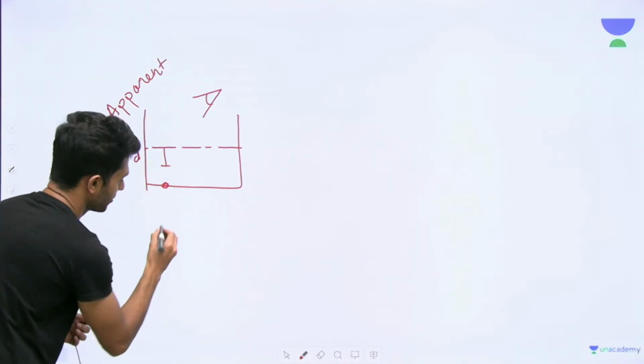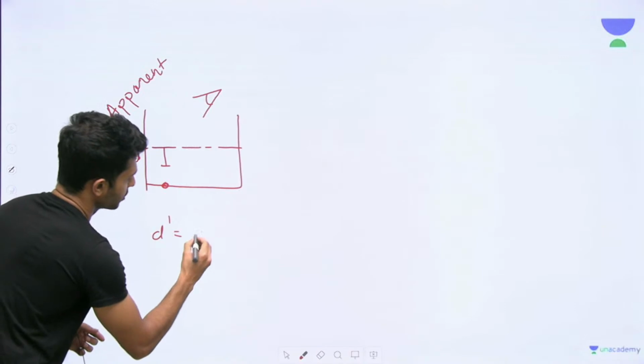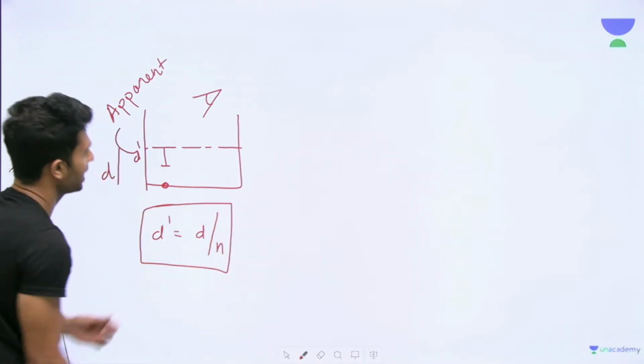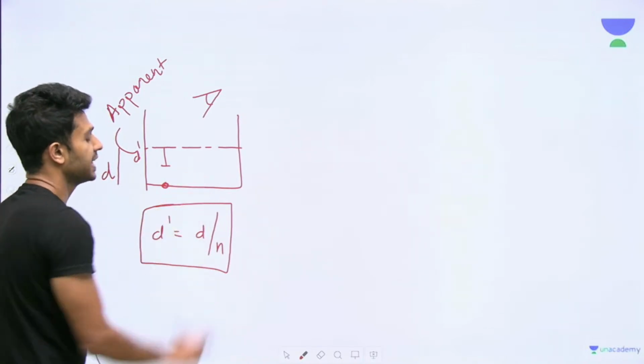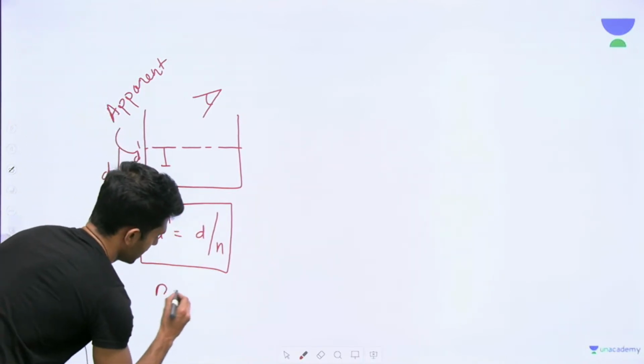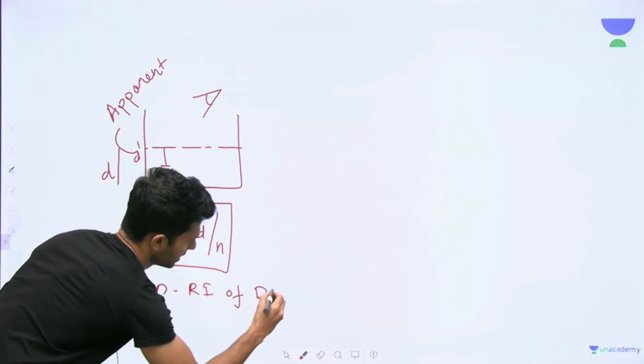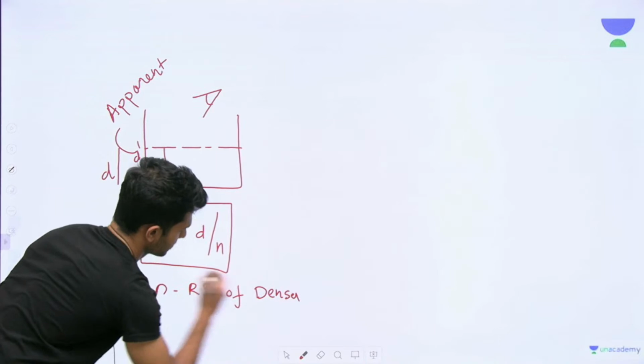The formula: D dash is equal to the actual depth divided by n. What is this n? N is the refractive index of the denser medium.